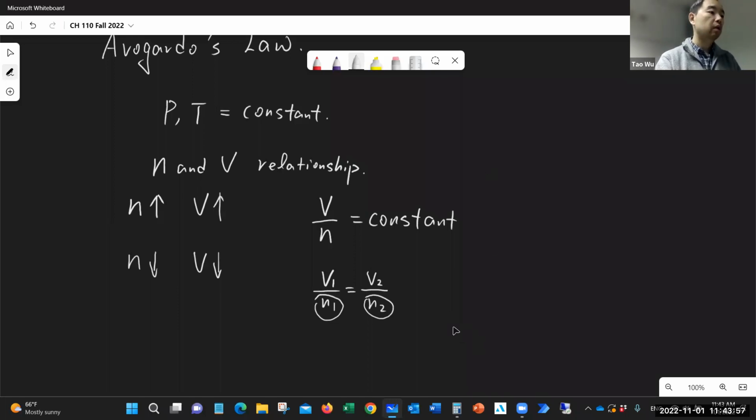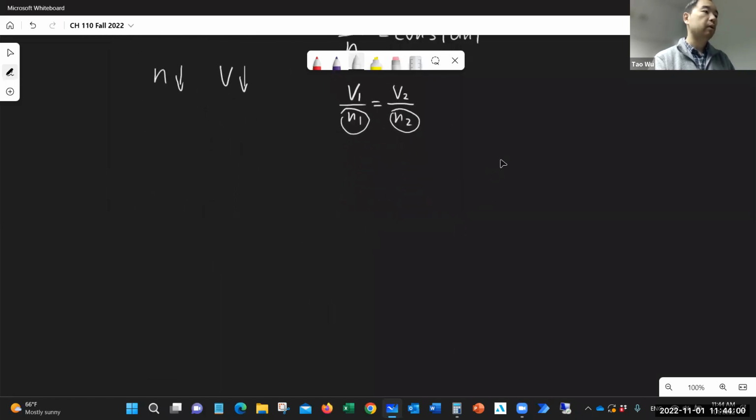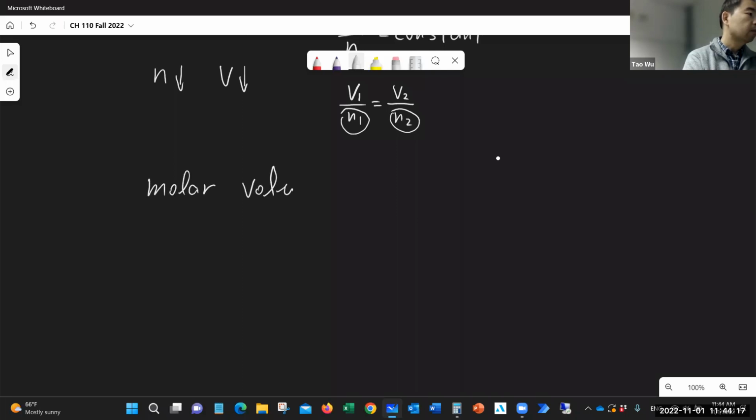The next concept we're going to talk about is called molar volume and STP.